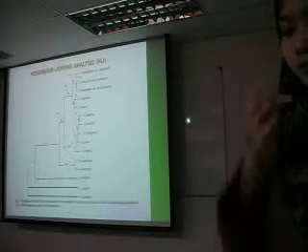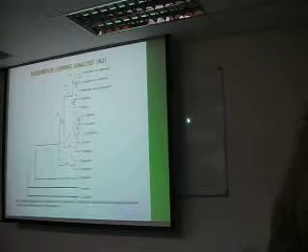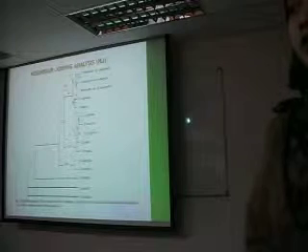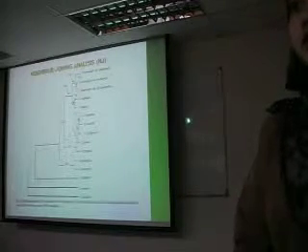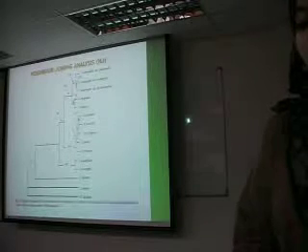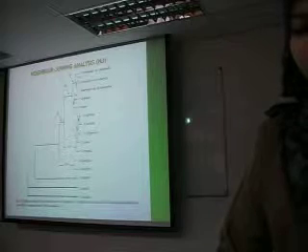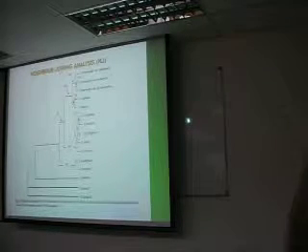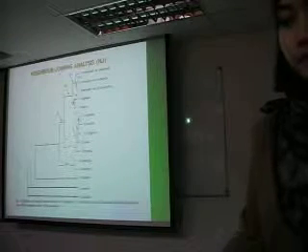Okay, for the molecular part. For the molecular part, the regions that I've used are from the chloroplast region, chloroplast genome and nuclear genome. The tree here is from neighbor joining analysis of the rbcL region.